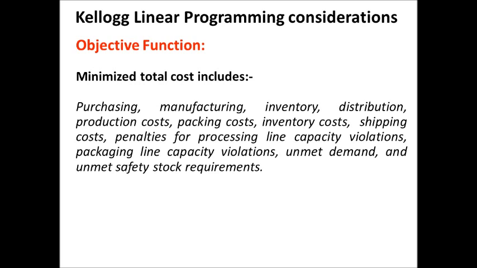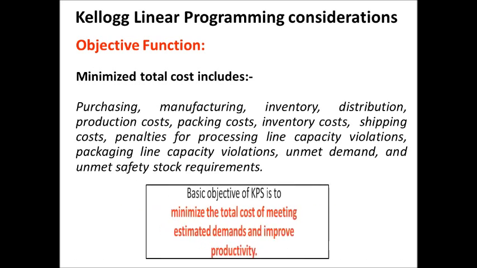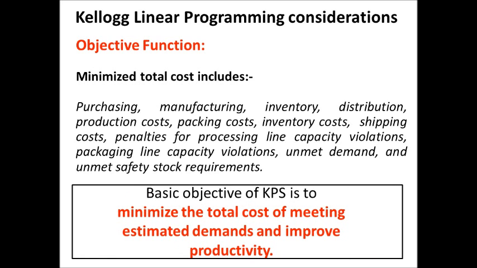That would include all these factors, such as purchasing, manufacturing, inventory, distribution, production costs, packing costs, etc., and also the line capacity violation, and the unmet safety stock requirements, to provide the product as fresh as possible to meet the customer expectation. This is a take-home message for the basic objective of KPS: minimizing the total cost.